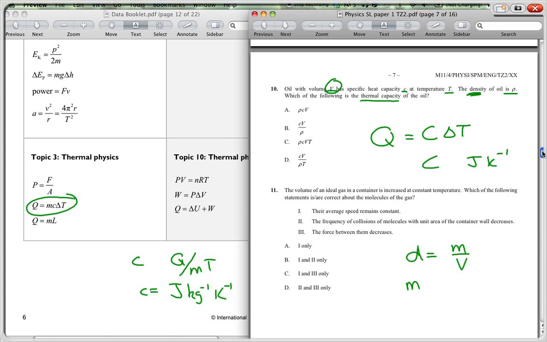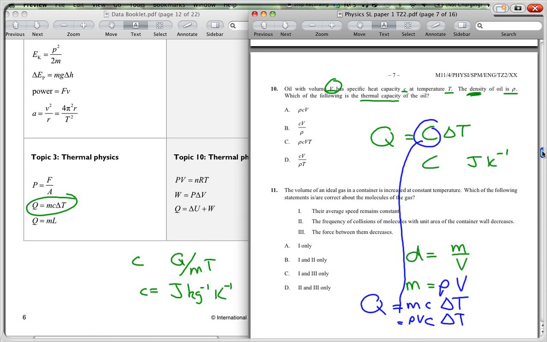So the mass is equal to the density times the volume, so it's rho V. So in using my formula, Q is equal to mc change in T, this m can be replaced by rho V, c, change in T. And because this C part over here will take all of that part, we're going to have A is the correct answer.